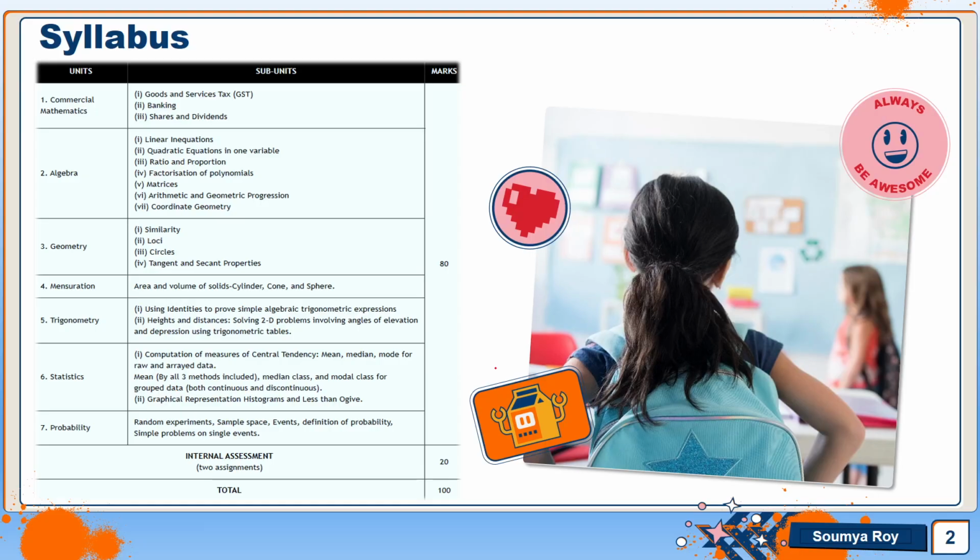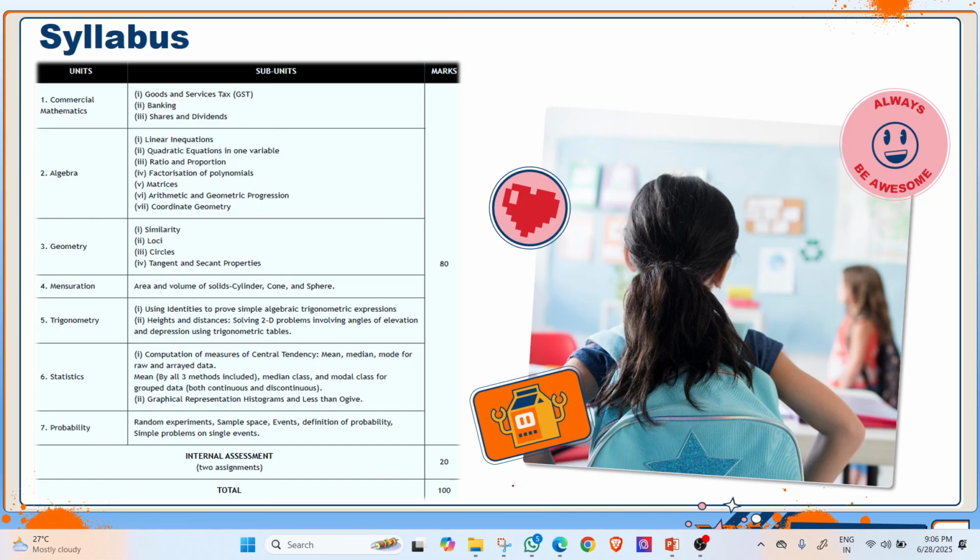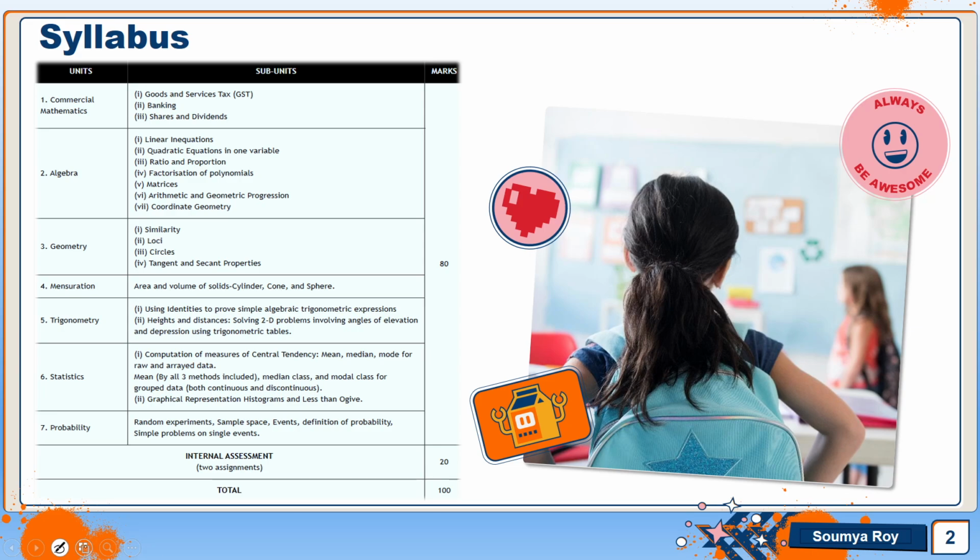So this is a brief introduction about the syllabus of class 10 mathematics. You can see here, mainly we have commercial mathematics as the first unit, where we have to discuss GST, banking, shares and dividend.